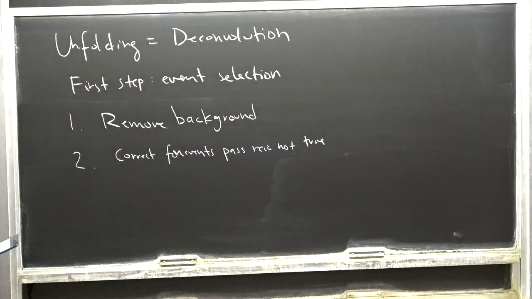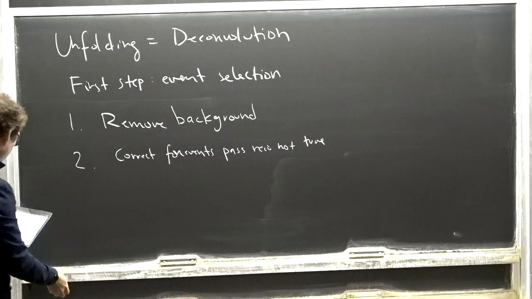Let's say you have some events that pass your detector level selection, but not your particle level selection. They're sort of like fake events. They could be from pure noise, but more likely, let's say you have a threshold, like I require events to have a momentum above 20 GeV. You could have particle level events at 15 GeV that smear above 20 GeV, so they would pass your detector level selection, but not your particle level selection. And we have to do something with those events.